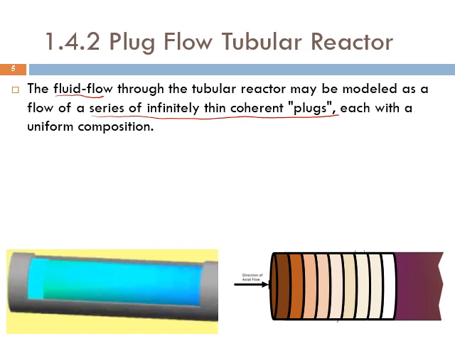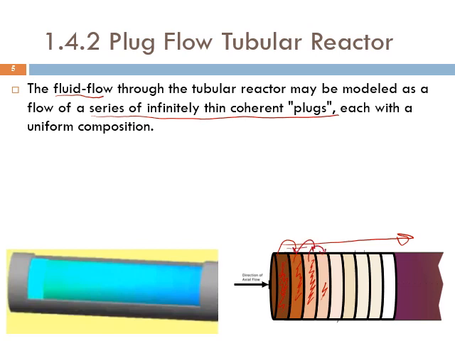These are very thin plugs, one after the other, and they are flowing. This plug is here now; after half a second, this plug goes here, and this plug goes there, and so on.